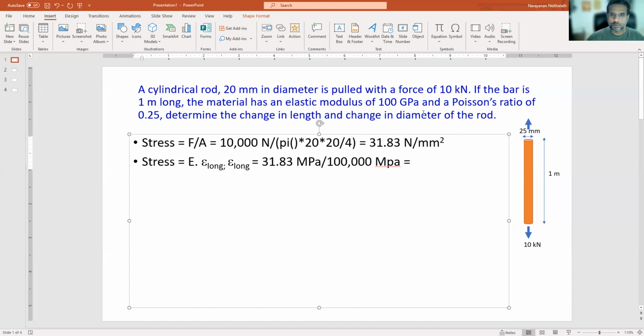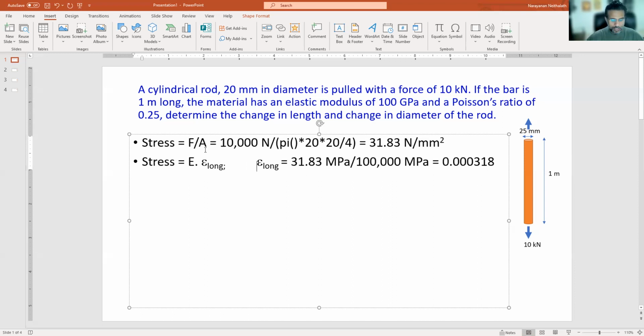And that will give you a longitudinal strain of 0.000318. So this is your longitudinal strain that you have in this specimen.